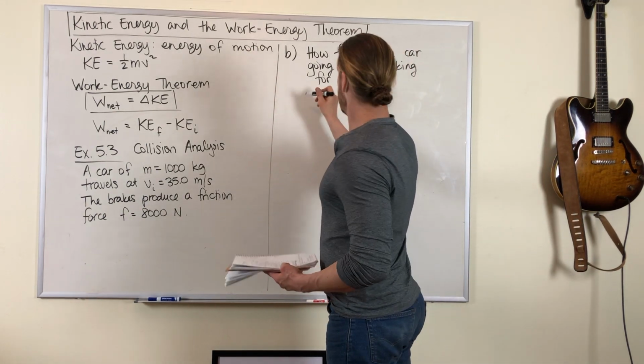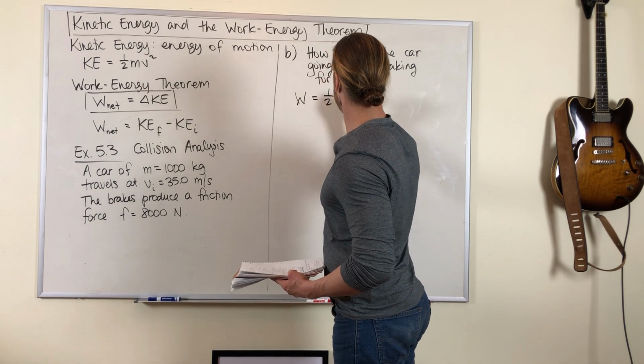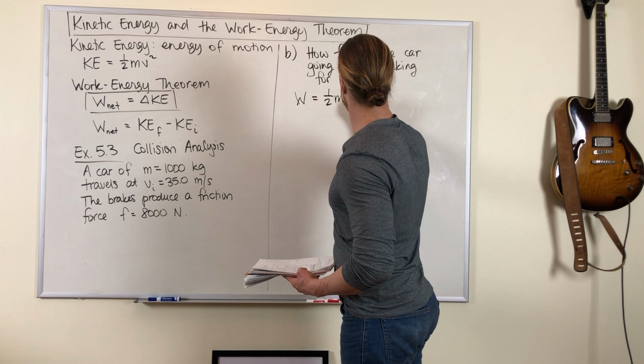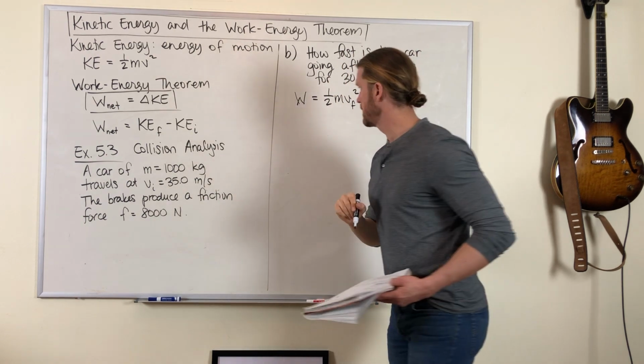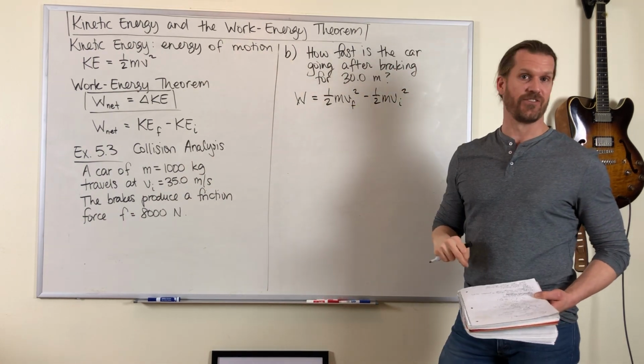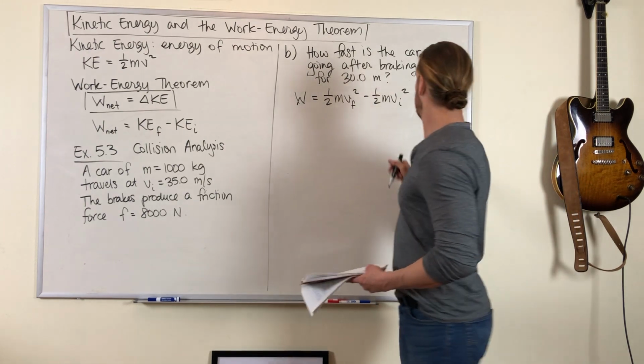Well, we use our same method. The work on the car is the change in kinetic energy, 1/2 m v final squared minus 1/2 m v initial squared. This time v final is not going to be 0, so we have to leave that in.